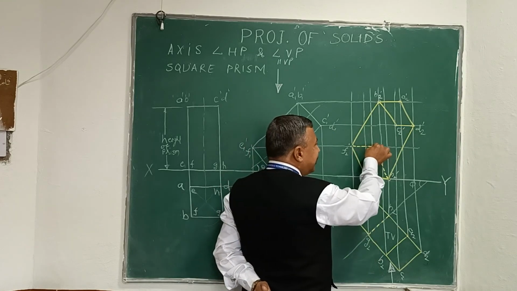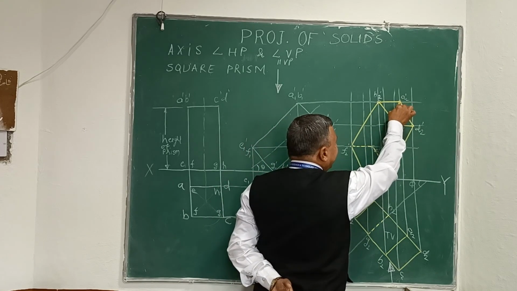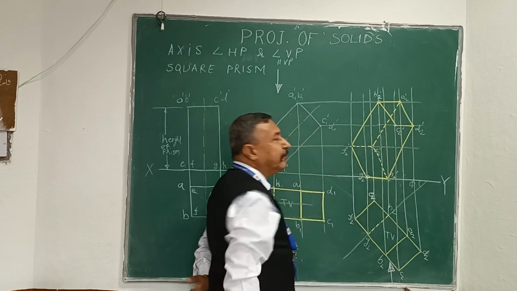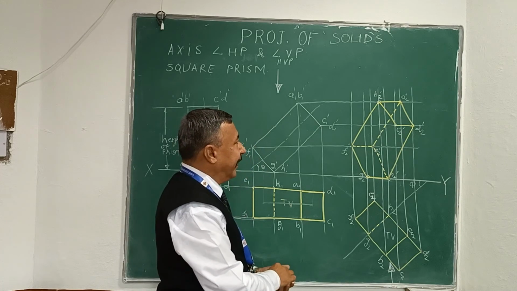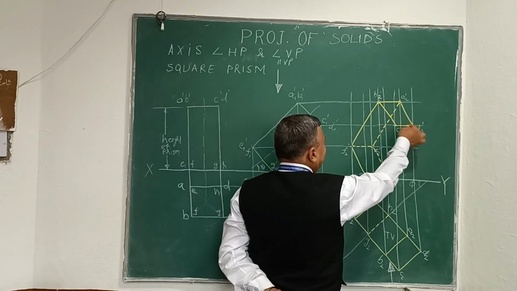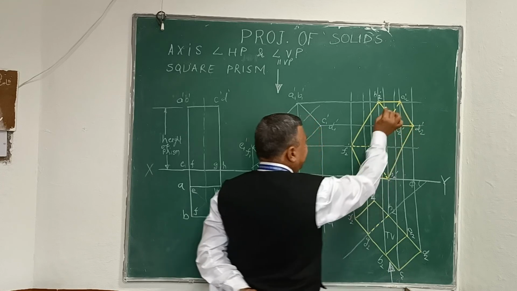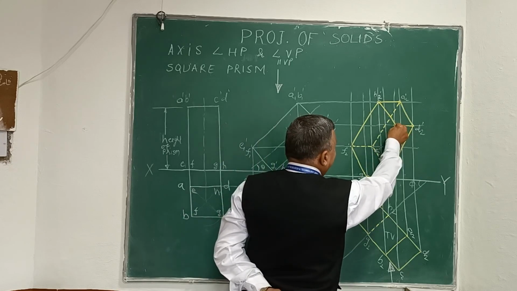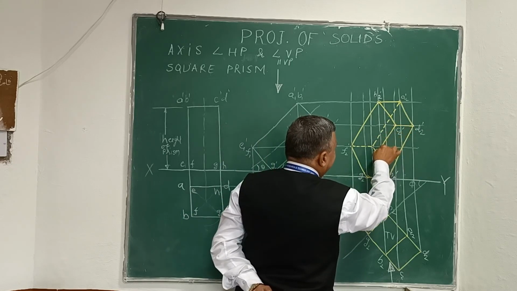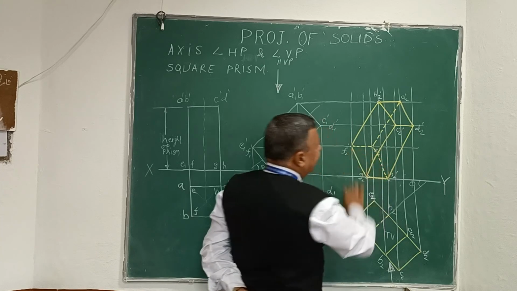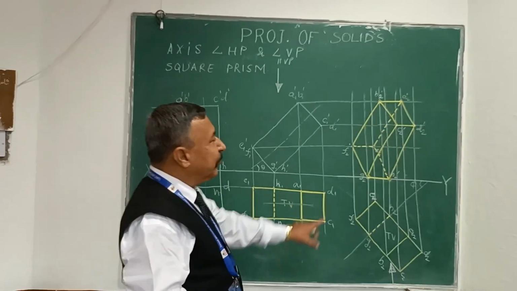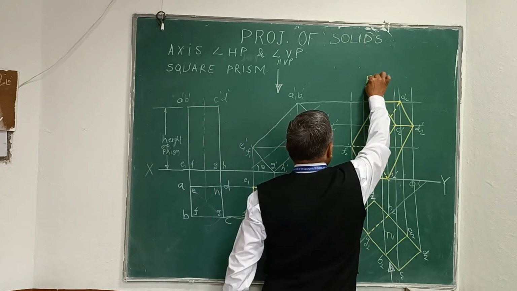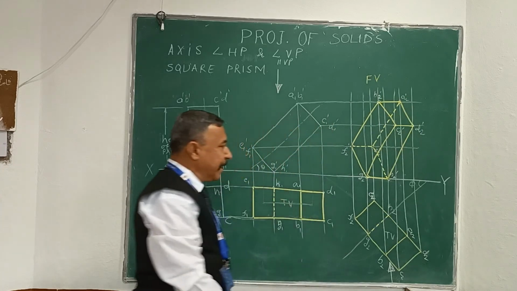So the edge passing through this corner is also invisible, so we have to draw a dashed hidden line. Next, this edge is visible, this edge is visible, means this corner is visible and this corner is also visible. So the line through these corners, or this edge, is visible. Okay, this is the process to complete this view. This is our front view.